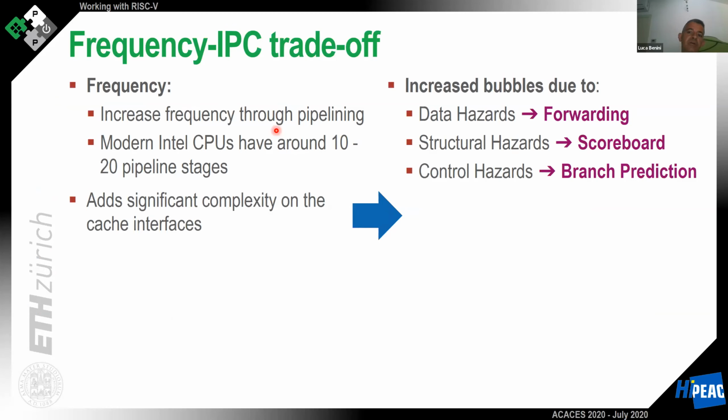For that, you will need even flatter and much deeper pipelines. Nevertheless, even with 6 pipeline stages, you need to handle data hazards, structural hazards, and control hazards in order to have a decent IPC.